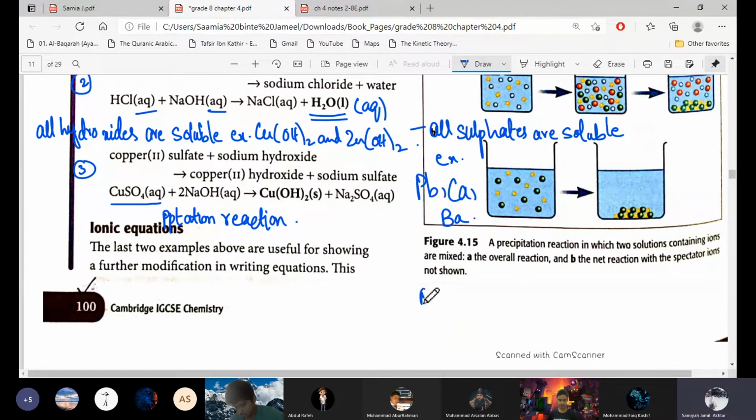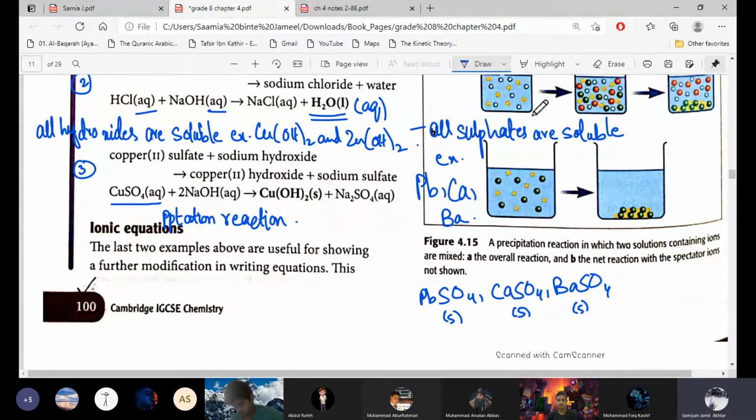It means that lead sulfate, calcium sulfate, and barium sulfate, these three sulfates are solids. They are insoluble in water. The rest of the sulfates are soluble.